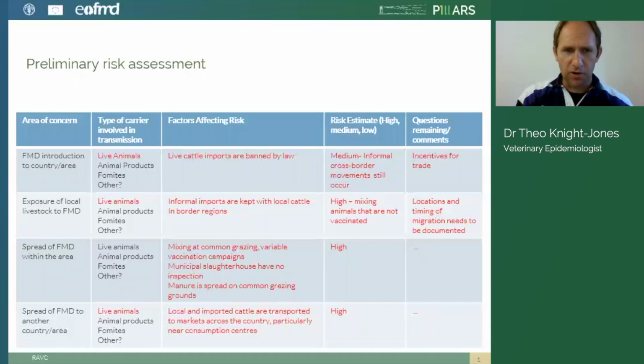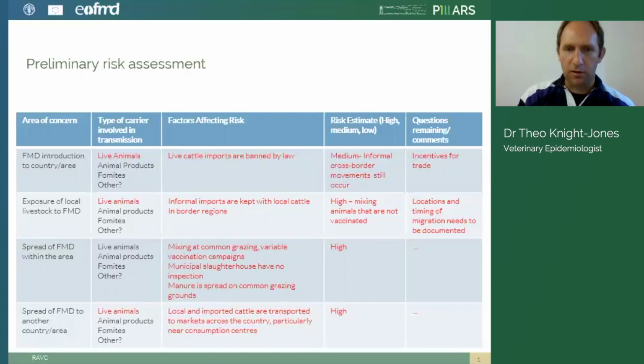Next step, spread of FMD within the area. Here I've added not just live animals, but a couple of points on animal products. We're looking at not only animals exposed to the virus at some level, but how big is the potential spread of foot and mouth disease within the area. There's lots of mixing of animals at common grazing, unreliable vaccination campaigns.